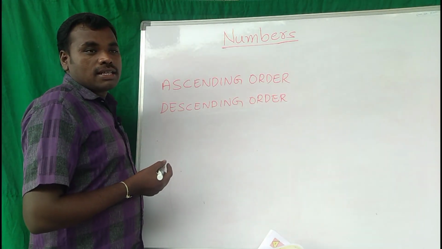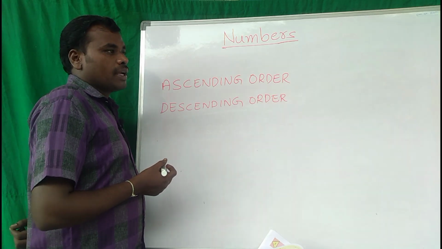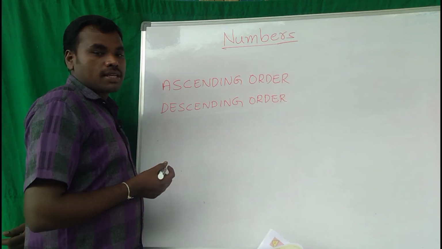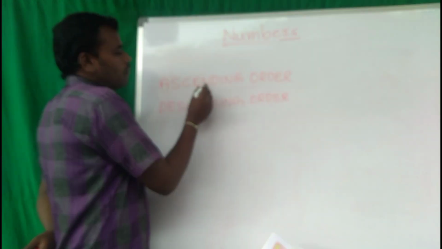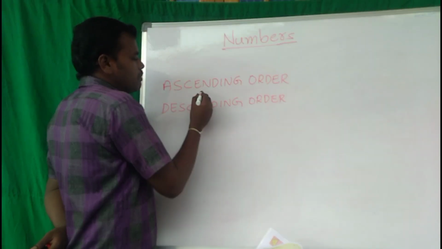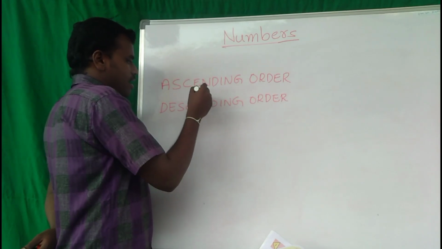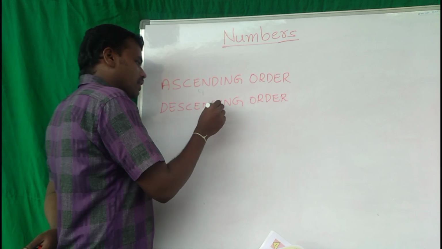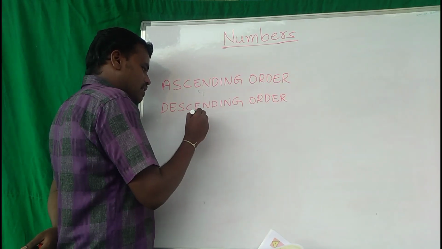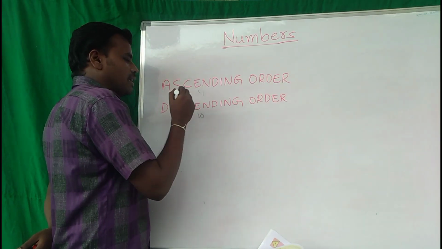Here we have a simple trick for remembering these orders. See, in the word ascending there are 9 letters, and in descending there are 10 letters.